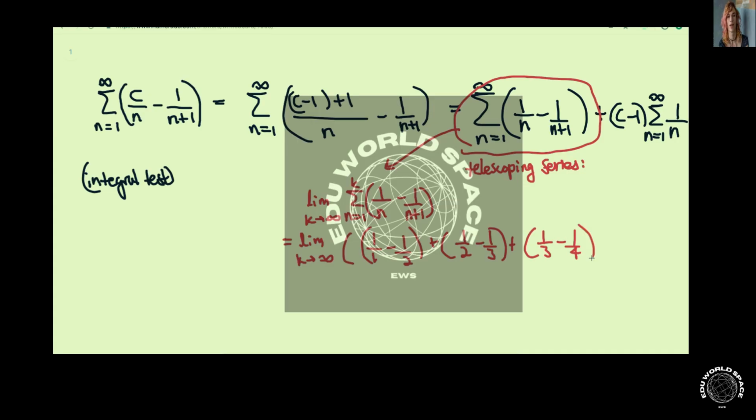Okay, we would keep going all the way until you plugged in. Let's maybe do a few terms before k. Let's do k minus 2. And then k minus 1. And then k.